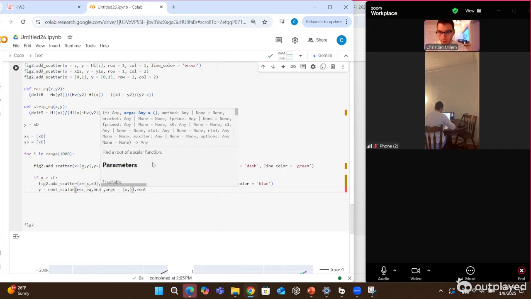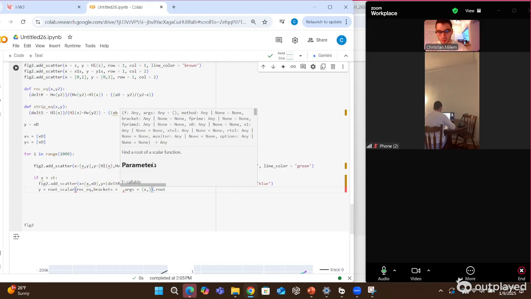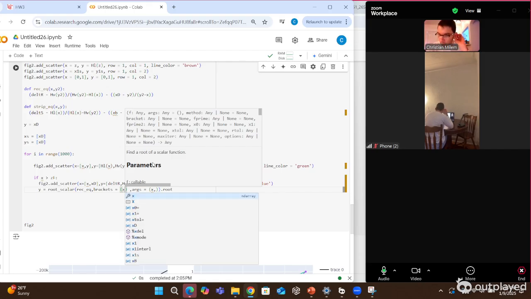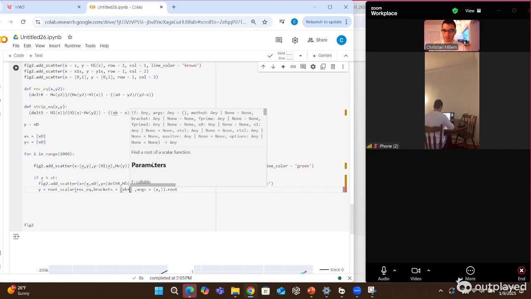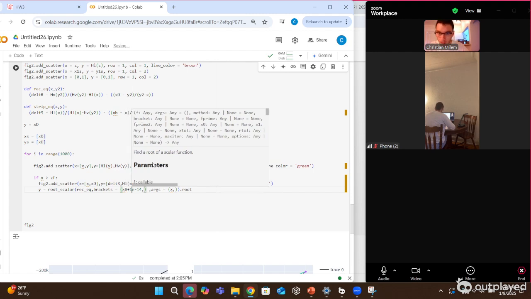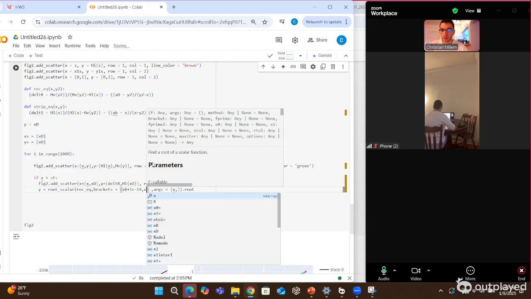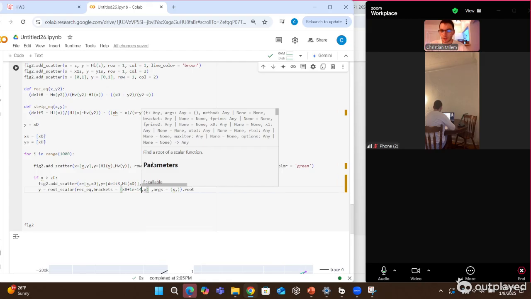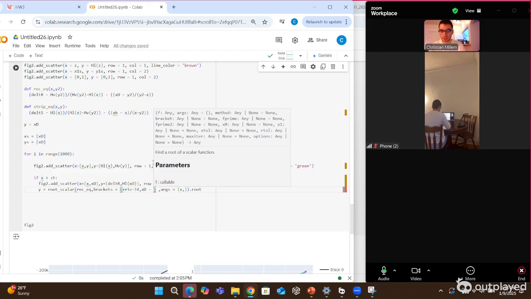We'll do brackets equal just a tiny bit above our bottoms feed, 1e to the negative 14th, and then a little bit below our final feed. Or no, it would be a little bit above whatever our x value is, and then a little bit below what our distillation composition is.